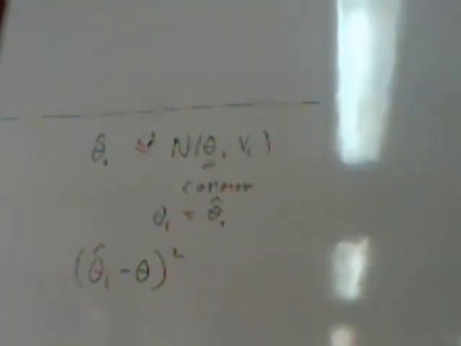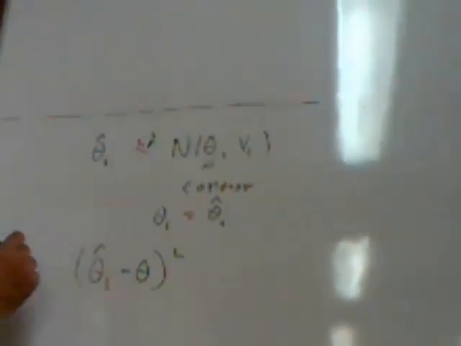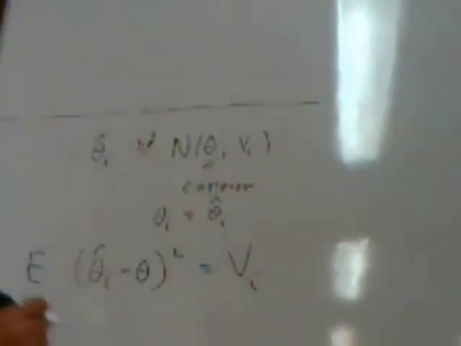So let's just pretend that the theta is known. Then this theta hat I minus theta squared, the expected value of this should equal Vi. This is true if all the thetas are the same. If they are not the same, then what we will have is that this will be theta hat I minus theta I plus theta I minus theta squared.